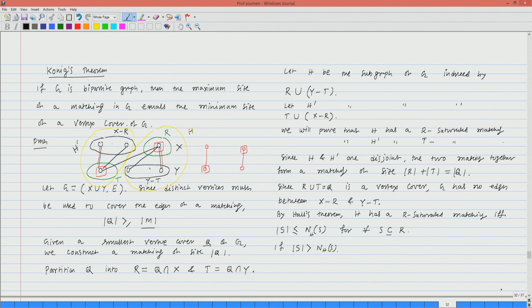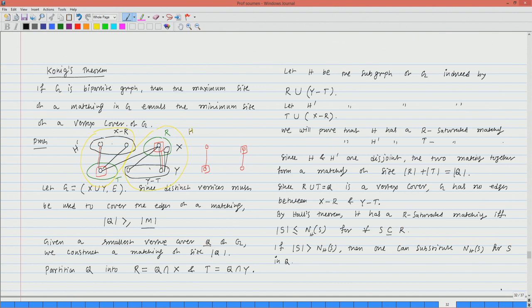If the neighbor is smaller than S, where S is a subset of R, so S is somewhere here, and its neighbor is smaller, then one can substitute N_H(S) for S in Q, right.